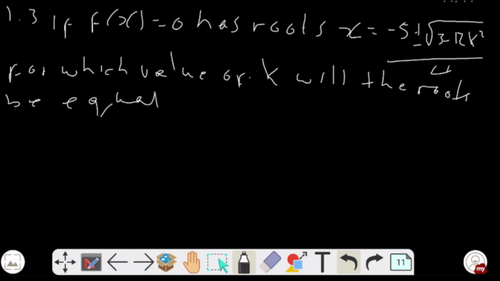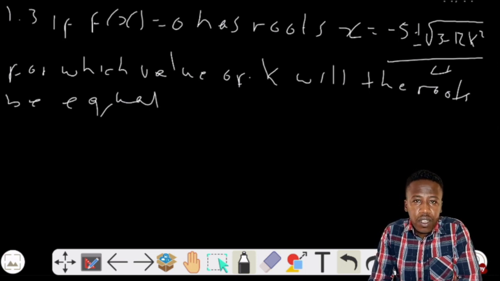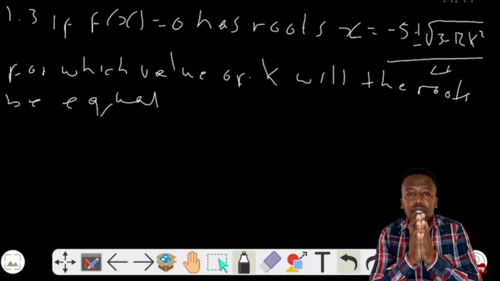Now, dealing with this, what should come to mind first is the discriminant, right? And the nature of roots. Your discriminant, if it's greater than 0 and it's a perfect square, we say the roots are real, rational, and unequal.